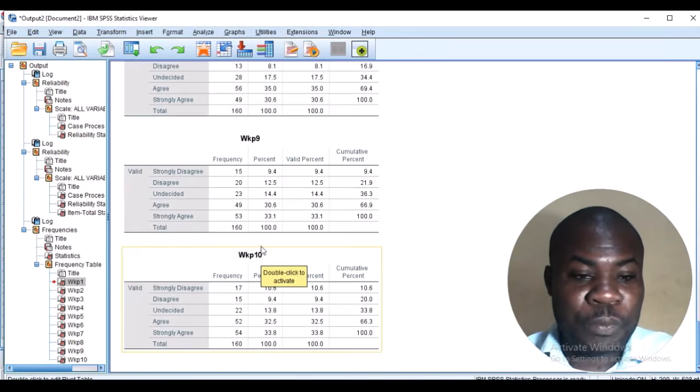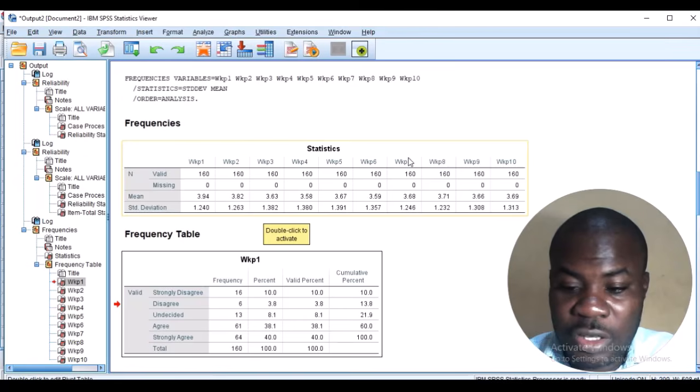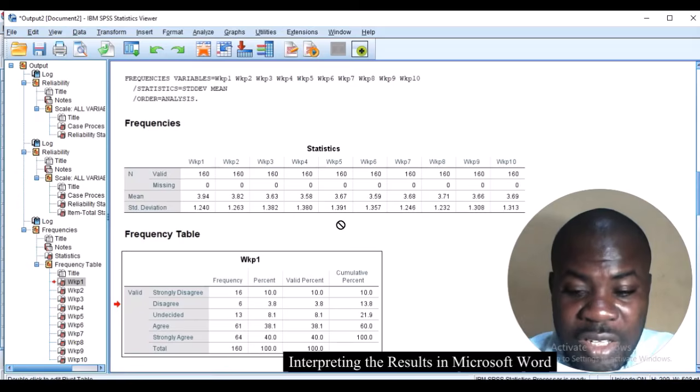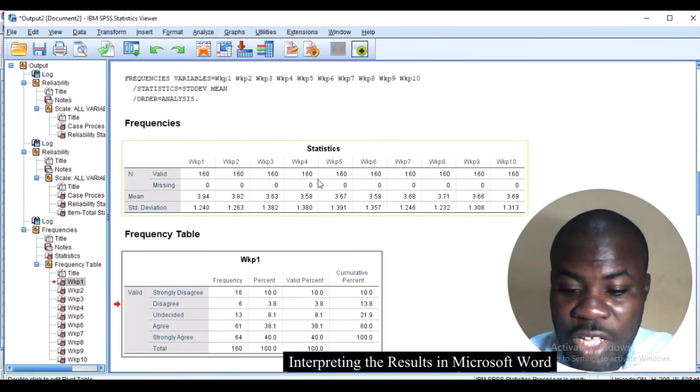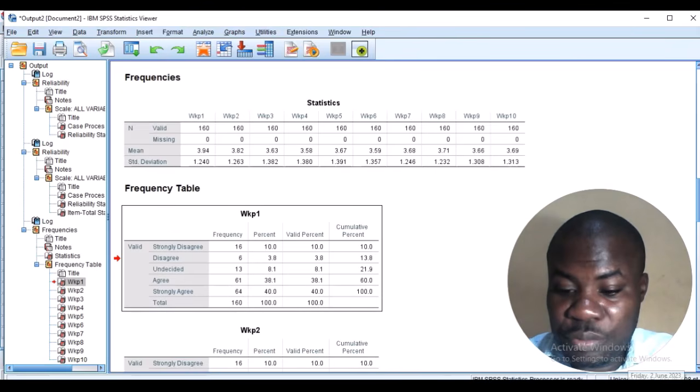So the next thing that we want to do, since we have already produced this result, is to head over to Microsoft Word and then interpret this particular data. I will pause and head over to Microsoft Word and put the output for you to see.